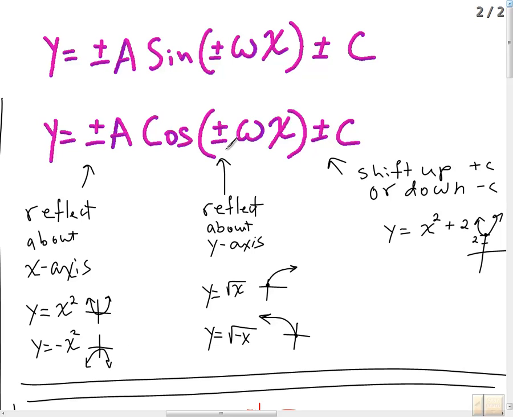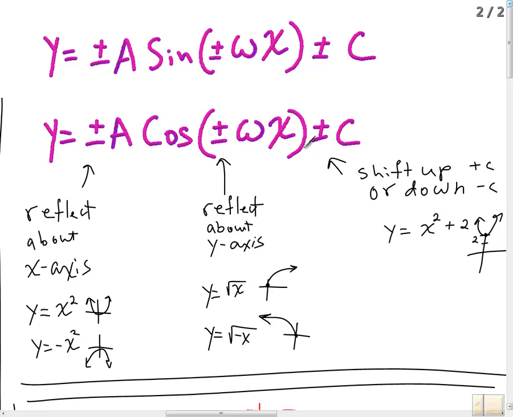The plus or minus inside here reflects the graph about the y-axis. For example, when we had our parent graph of the square root of x, opening up and to the right, a negative inside makes it reflect about the y-axis, so now it's going to move up and to the left.